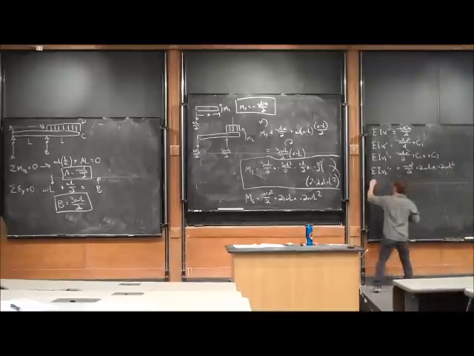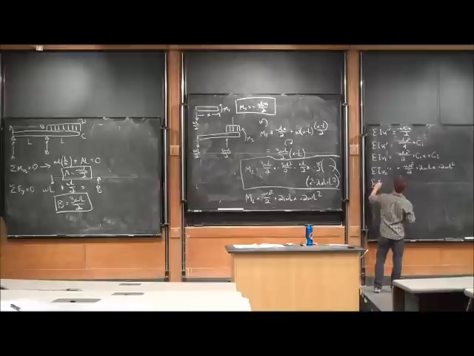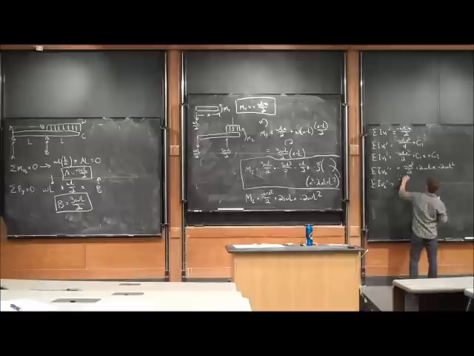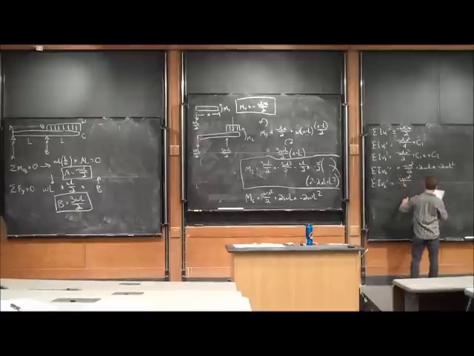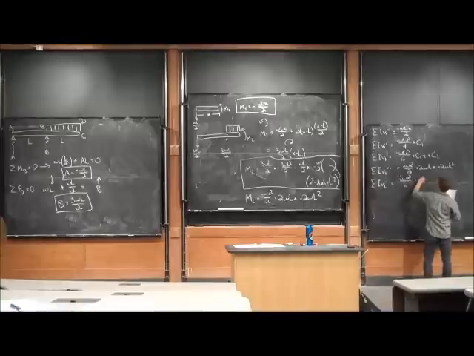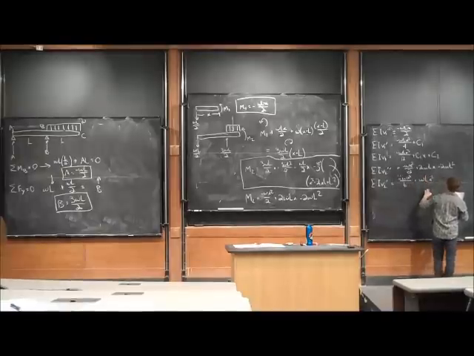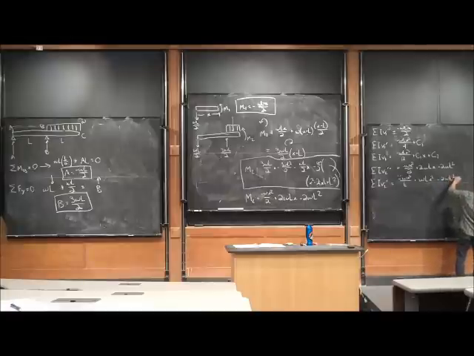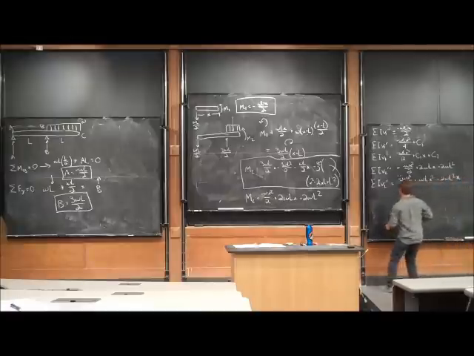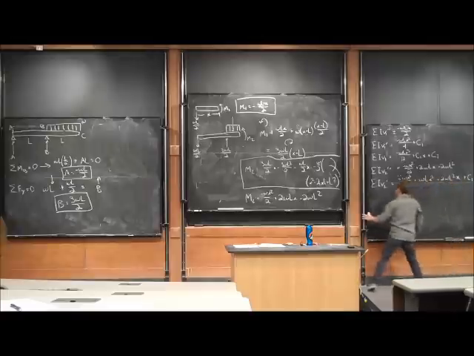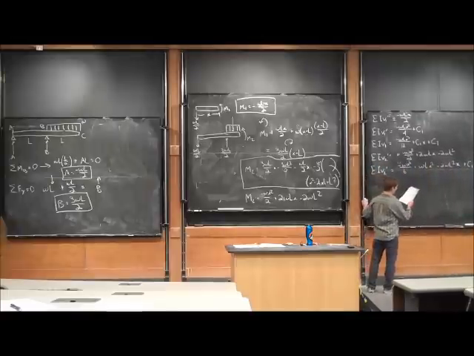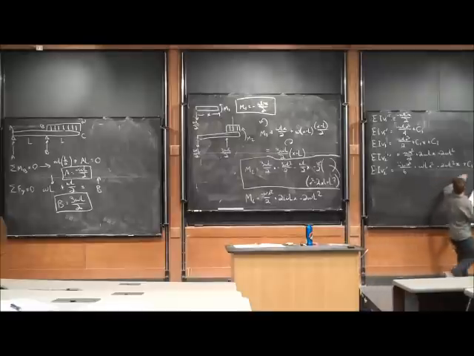By integrating that one time, the EI V2 prime is going to be equal to negative WX cubed over 6 plus WLX squared minus 2WL squared x plus a constant of integration. And that's confusing, I already have a C1, so that should be a C3.